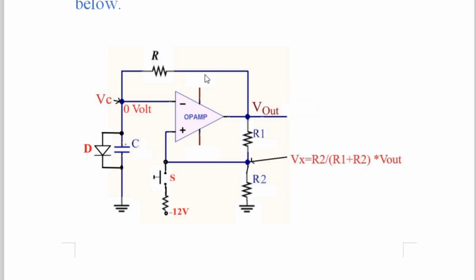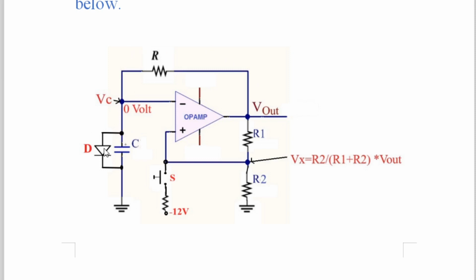The moment you turn on the power supply, due to the positive feedback, meaning the feedback at the positive point through the junction point of R1 and R2, this voltage becomes slightly greater than that, and the output of the op amp will be thrown to the HVL. As soon as it goes to HVL, this HVL is applied to the diode.